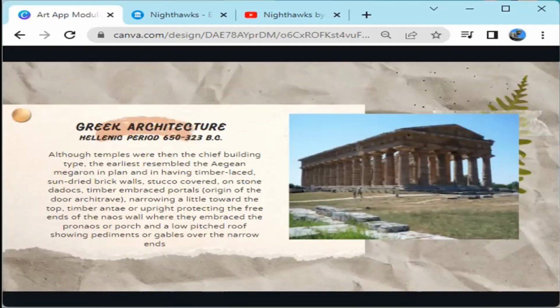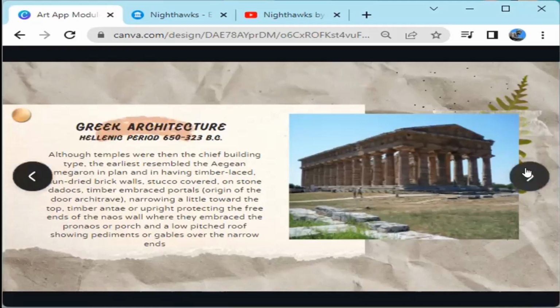And then, of course, gumamit sila ng mga columns to support yung roofing ng kanilang mga temples. So, technically, gawa ito lahat sa bato. Okay? Ang service talaga ng mga temples na to during Hellenic period is to honor their gods and goddesses. Kasi bawat polis or city-state, may meron silang gods and goddesses na pinipatronize.